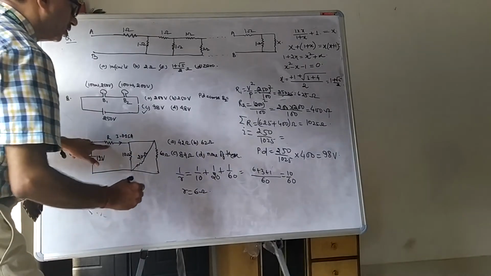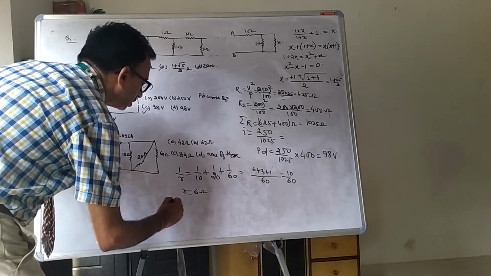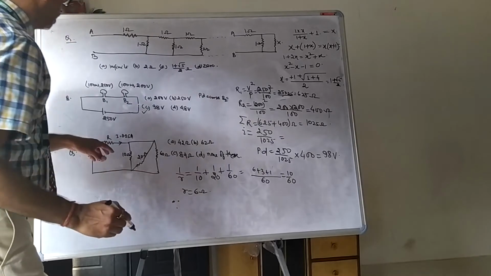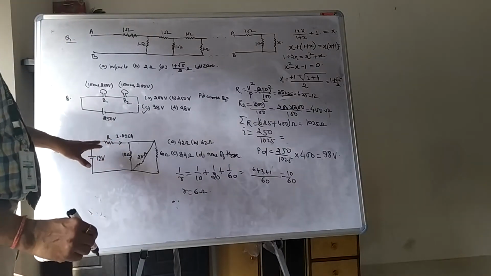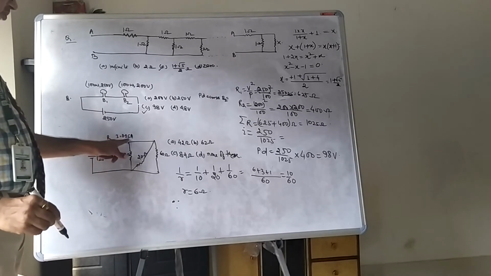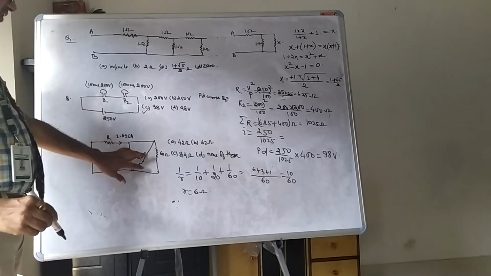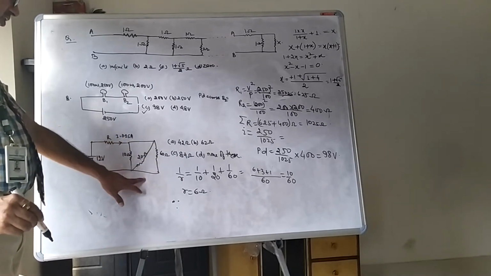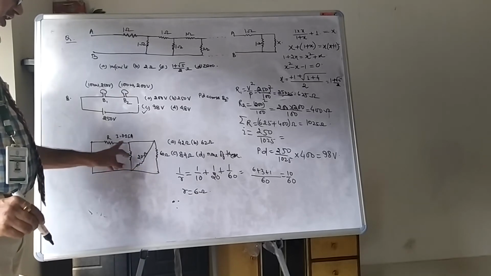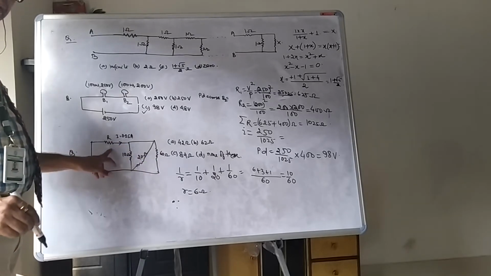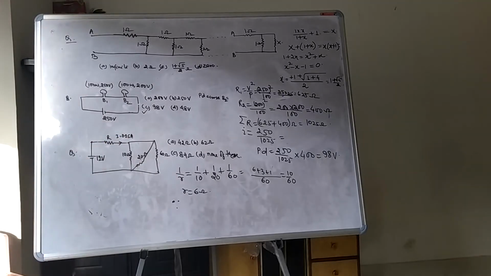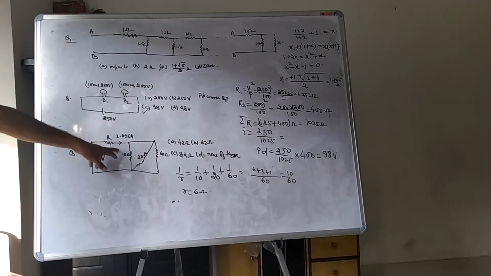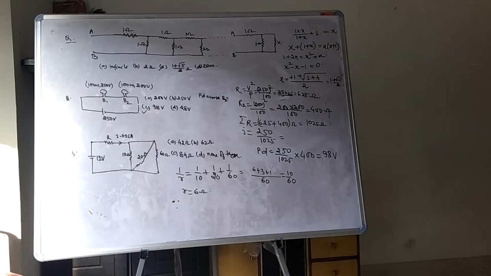Since they have given you the current, what is the current? 0.25. The total resistance is R plus 6, right?